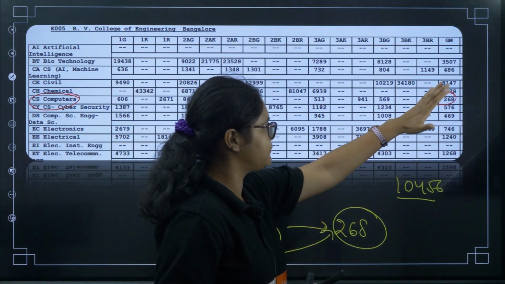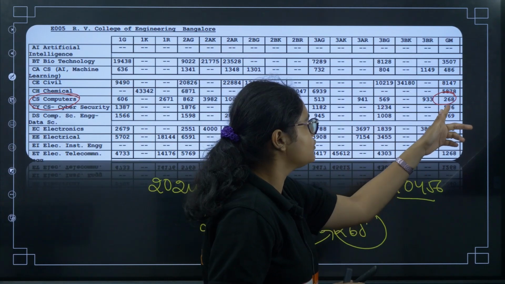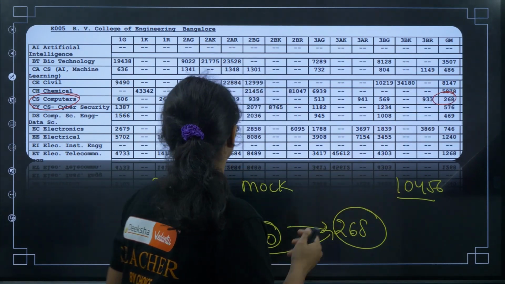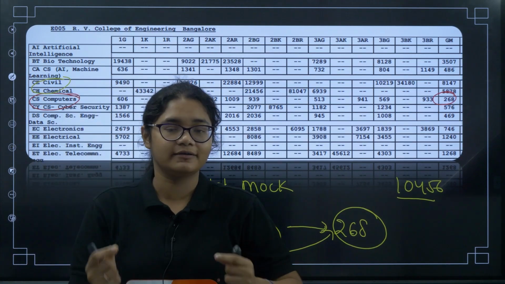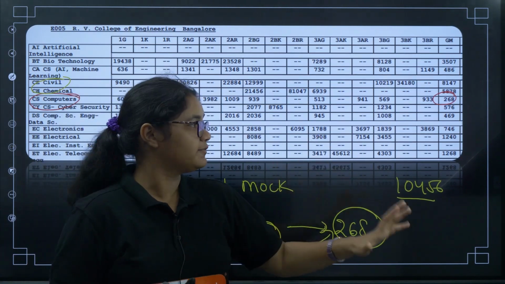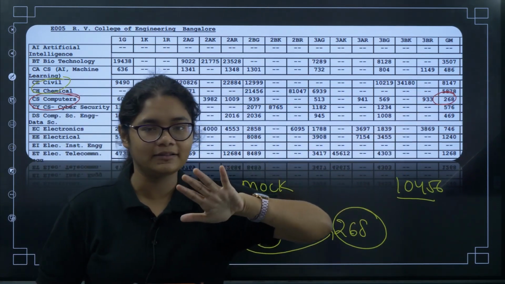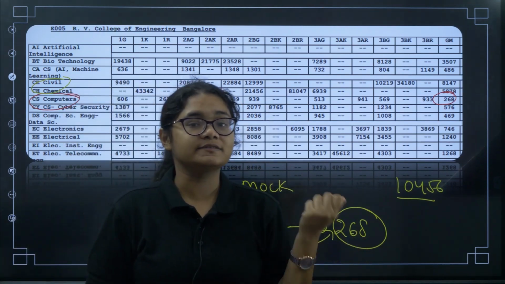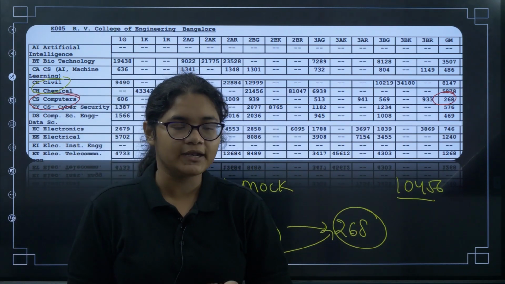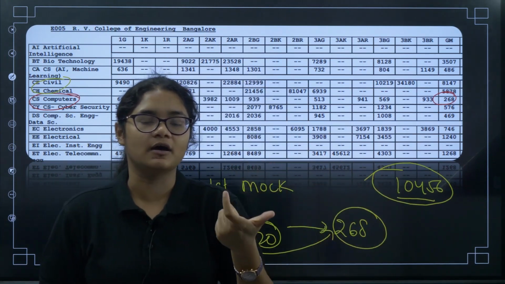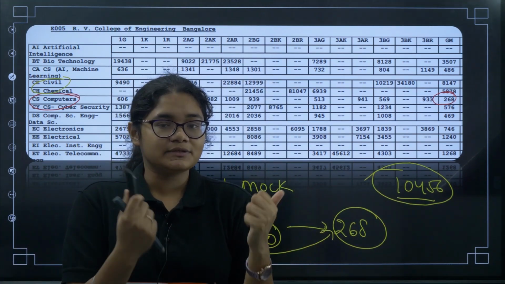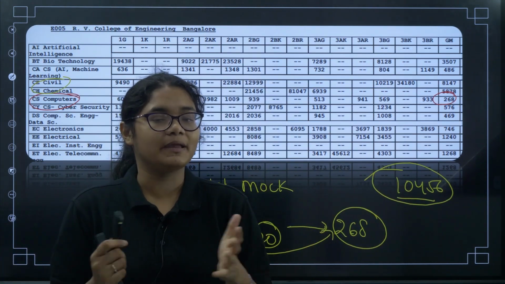These cutoffs range between 3,200 to 5,000. There is civil, whose cutoff is 8,000 and may go to 10,000 in the last round. If you are really interested in RV college, the civil engineering branch may be a college which you may or may not get.